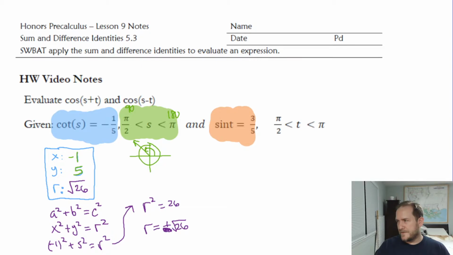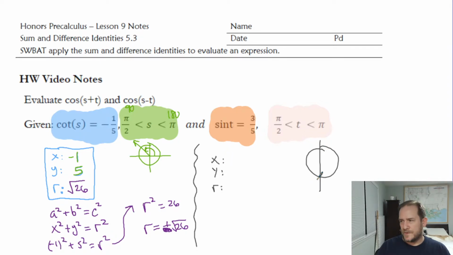And they've also given us the quadrant that contains T. So it's sort of like, all right, back to the drawing board. I need to figure out x, y, and r for this angle. And again, angle T has us in quadrant 2.